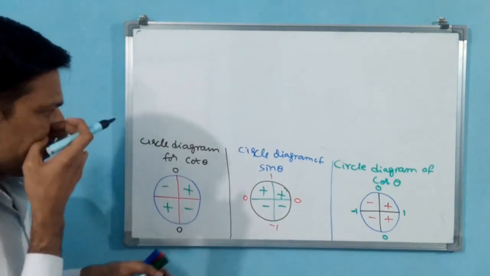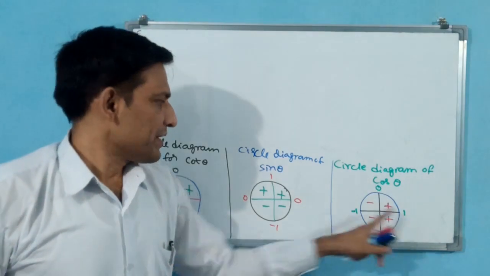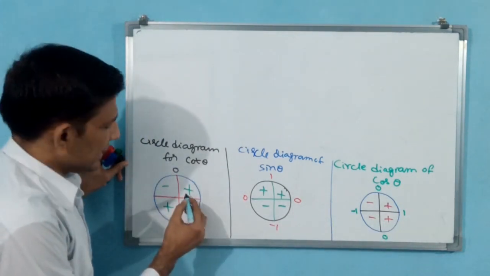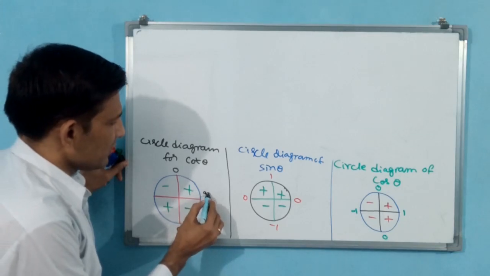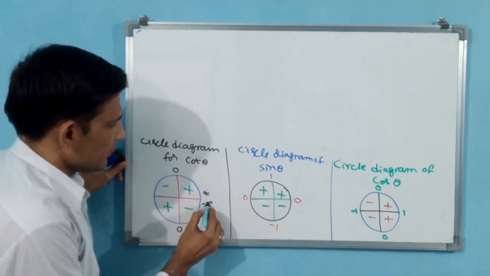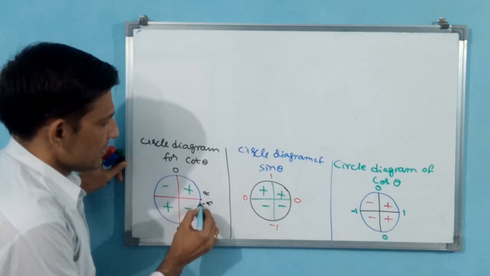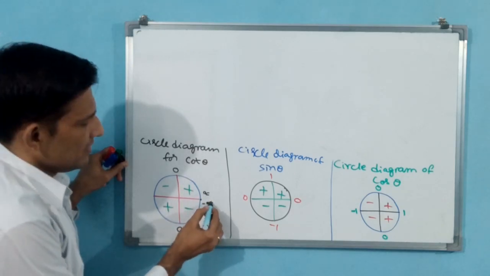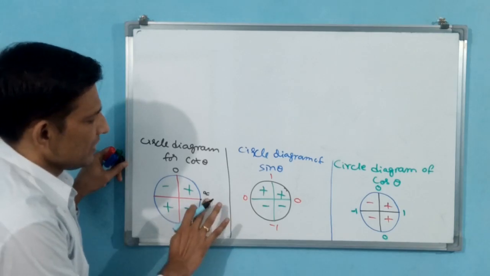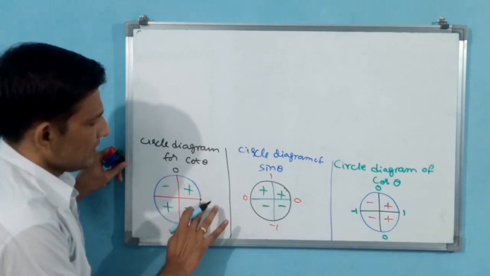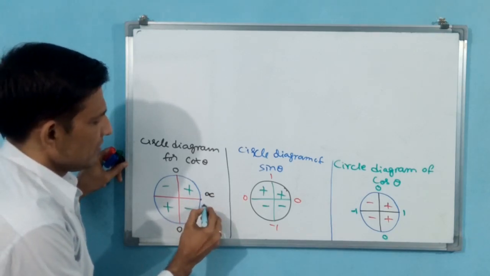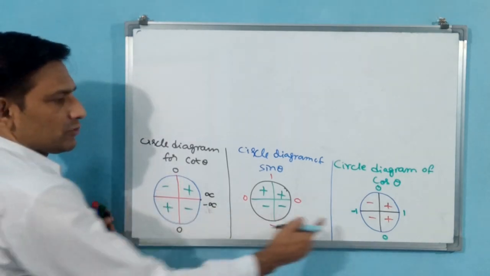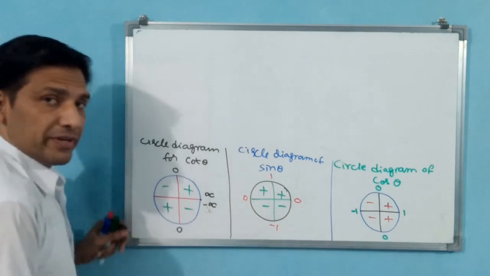Now observe carefully. 1 divided by 0 is infinity. But how to write this infinity? Like earlier, positive side positive infinity, negative side minus infinity. At this point, both are disjoint, there is no continuity. Infinity, minus infinity. Here also you see minus 1 by 0 is infinity. How?